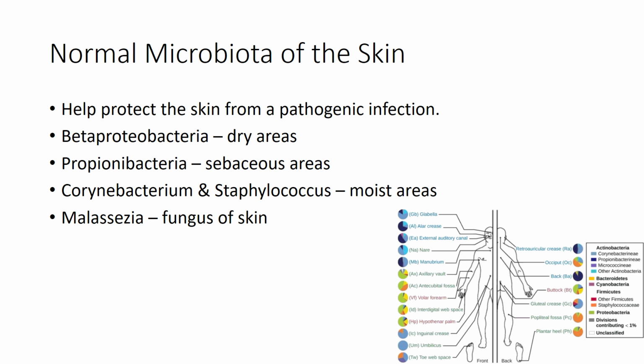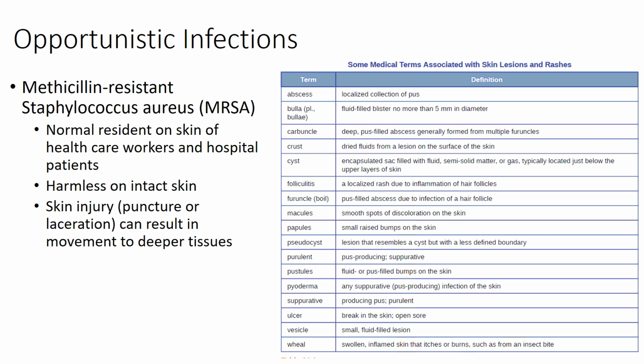but you can get an infection of these normal microbes on your skin. The easy way to think about this is what happens if one of these normal bacteria moves into a deeper layer of the skin than where it's really supposed to be.